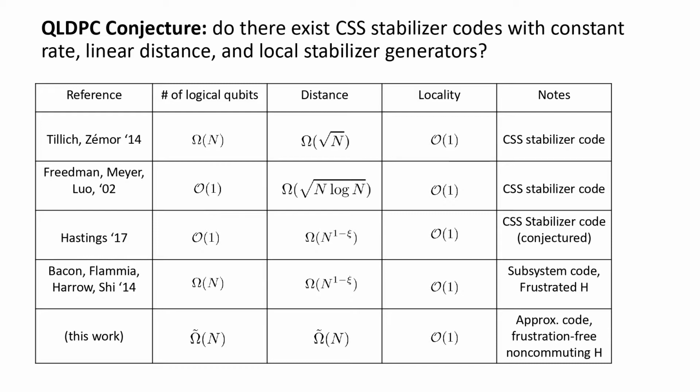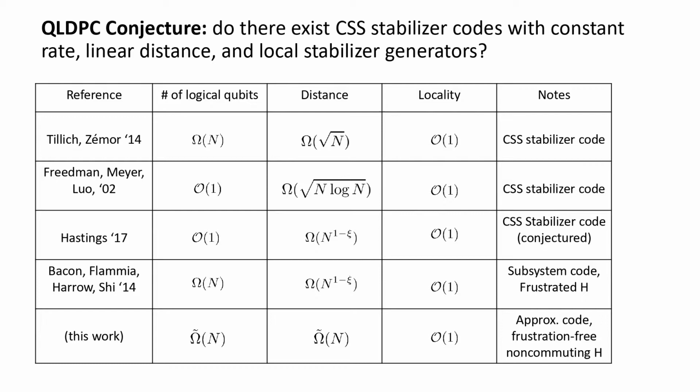So here's just kind of a table, entirely the work of others, summarizing the work of others. In particular, if what you care about is distance, the best unequivocally proven result for the distance of a CSS stabilizer code is omega root n log n, which goes back close to, going on 20 years now.